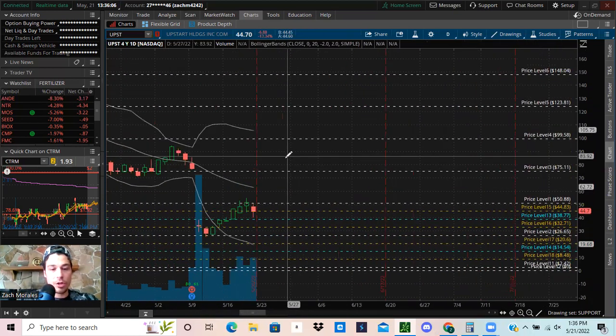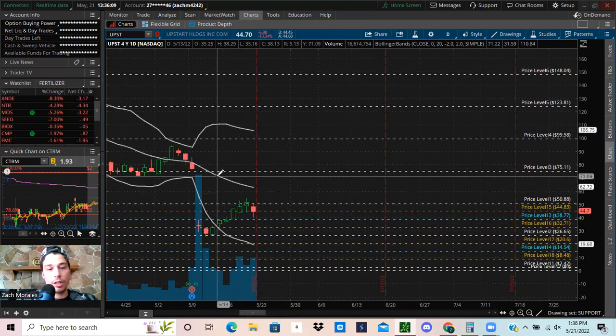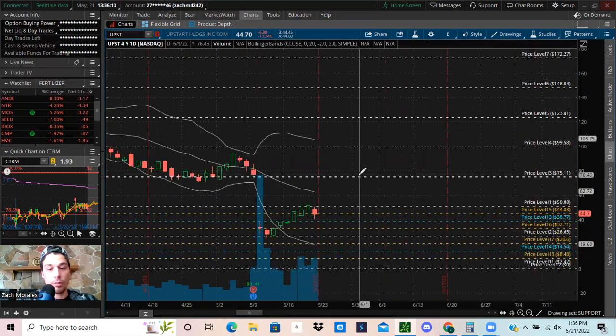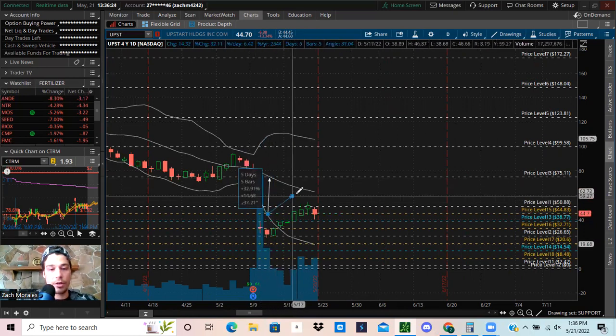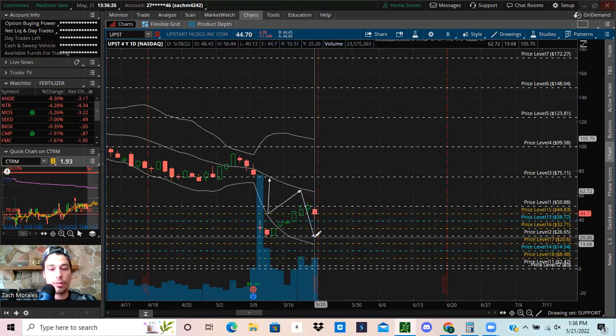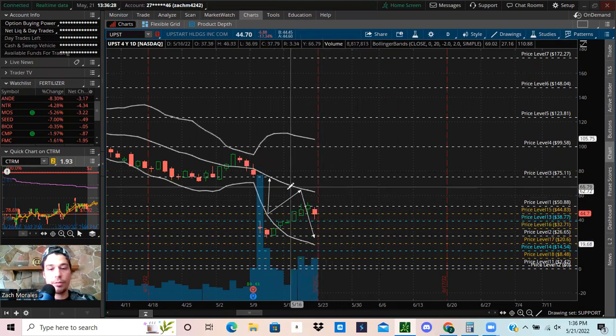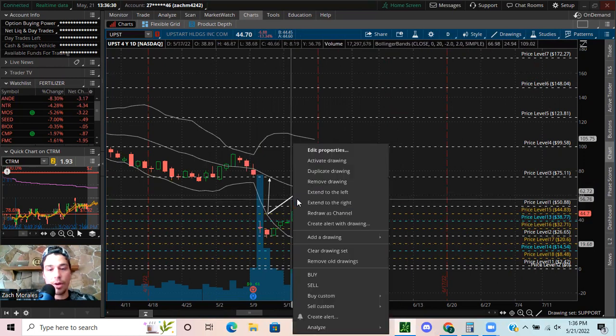So the first thing I want to show you guys is that we are currently trading in the bottom half of the Bollinger Bands. This is our middle, this is our top, this is our bottom. What this means is that when the price is trading below the middle, it's generally going to go to the bottom, then to the top, and to the bottom, and to the top, trading in between those levels on the bottom half.